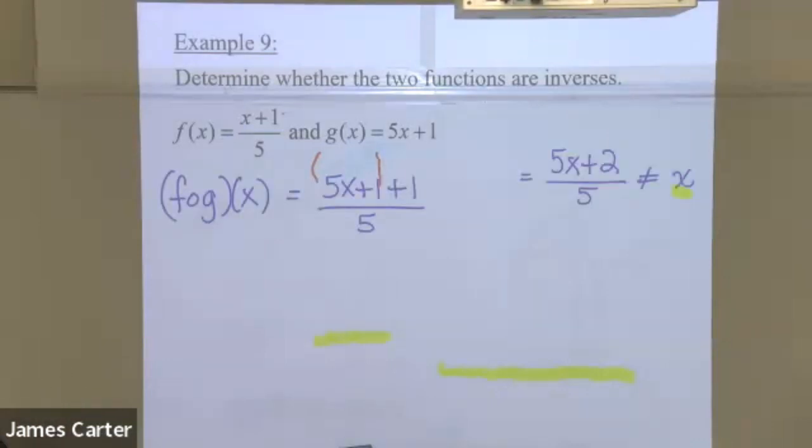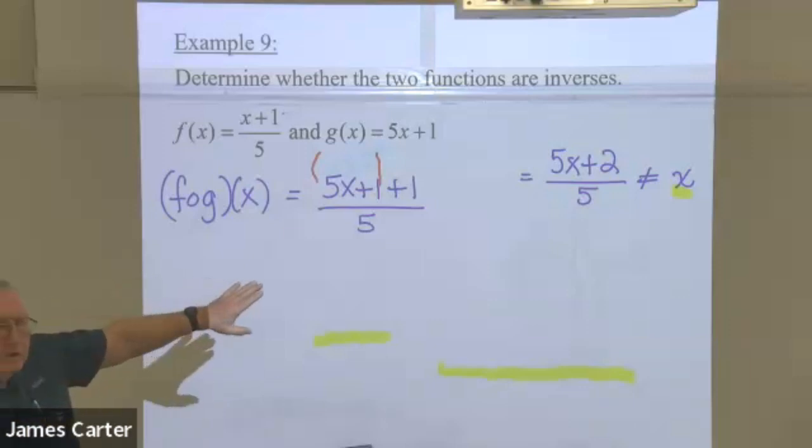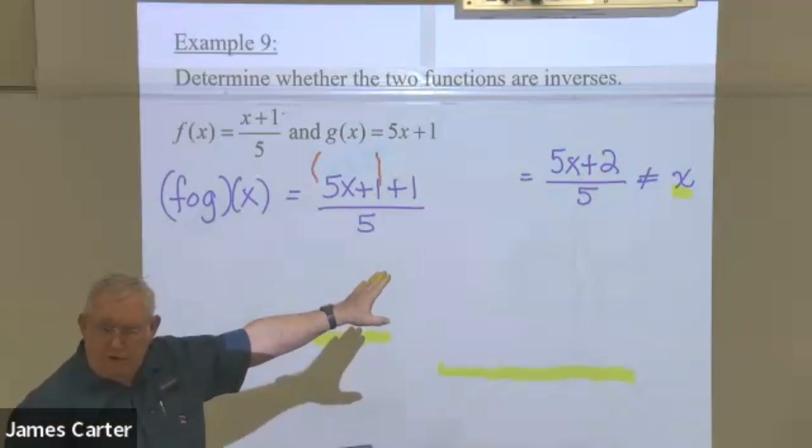Okay, so that simplifies. The 1 and 1 make 2. Here we got the 5. 5 goes into 5. 5 doesn't go into 2. So basically, that's not going to be x. Because of that, we don't need to go any farther.